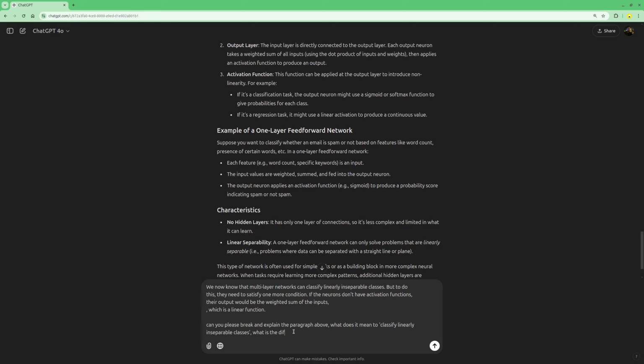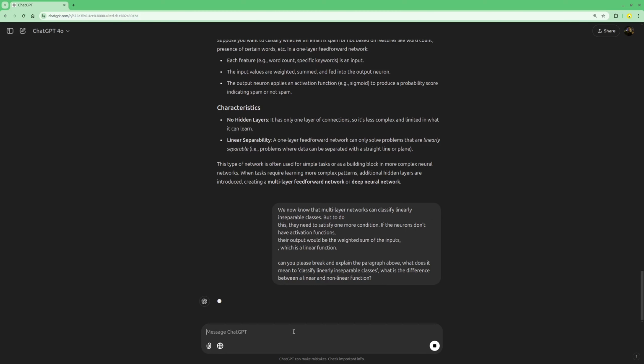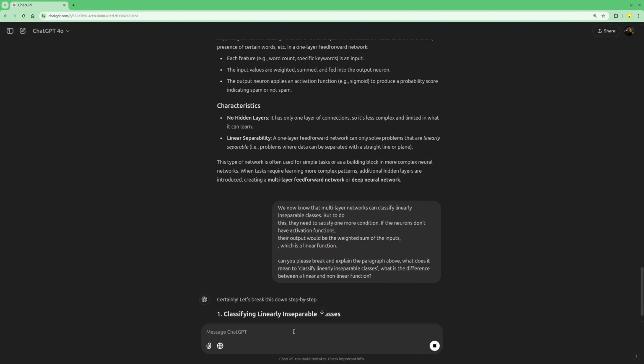What is the difference between a linear and non-linear function? Before I even continue reading this chapter, I need to make sure I understand this at least.